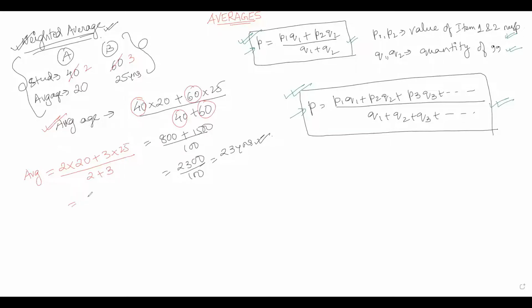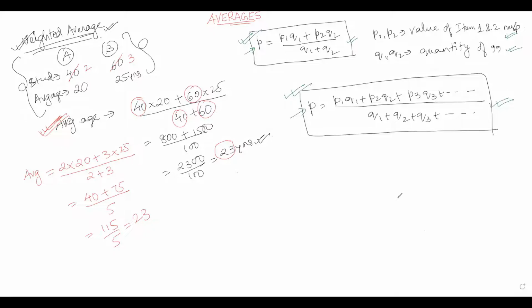So if you calculate this, this would be 40 plus 75 upon 5. So this would be 115 upon 5, which is 23. Same as we got when we took the actual quantities. So instead of taking the actual quantities, we can also take the ratios of the quantities, and we will be getting the same weighted average.